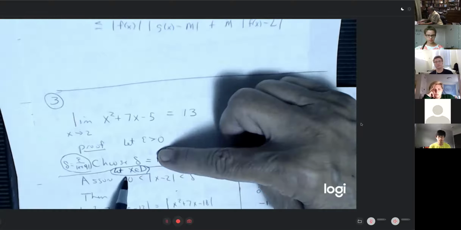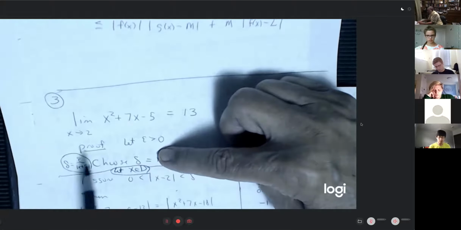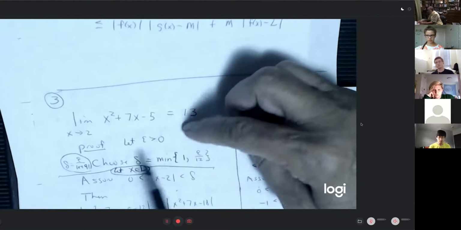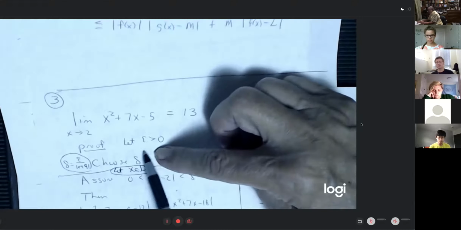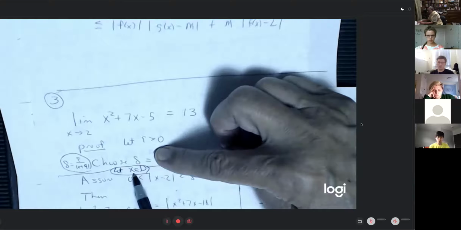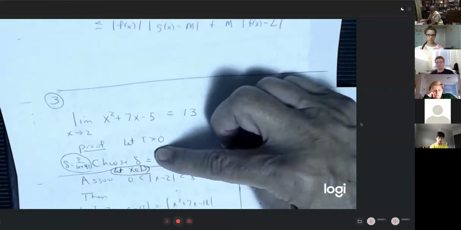I cannot. This x does not exist yet because I haven't chosen it yet. The definition is very careful. For every epsilon, there is a delta. That's first. Then you pick the x. You can't let delta be something with x in it because you haven't picked the x yet. You see?